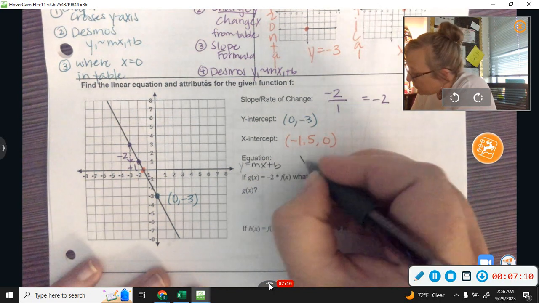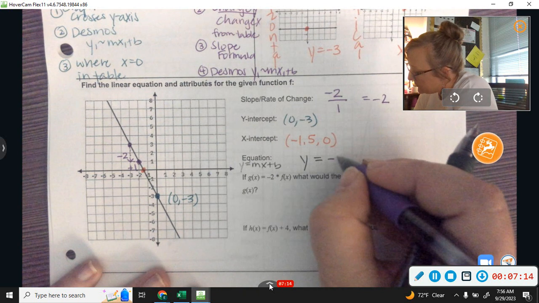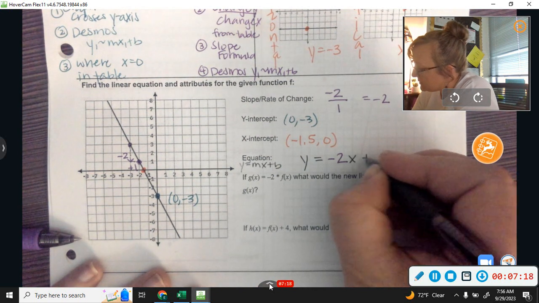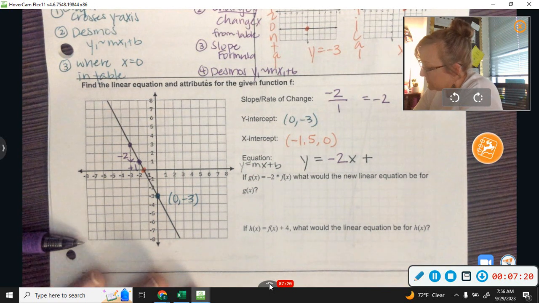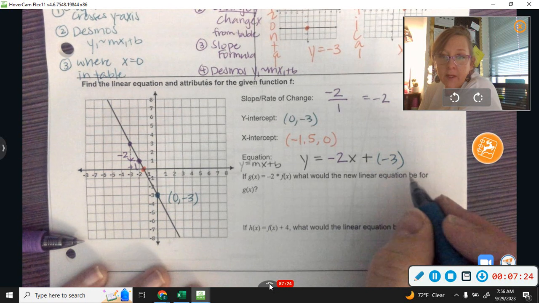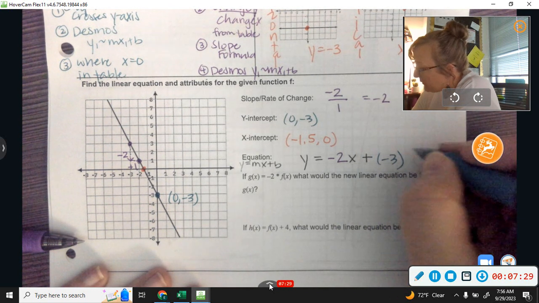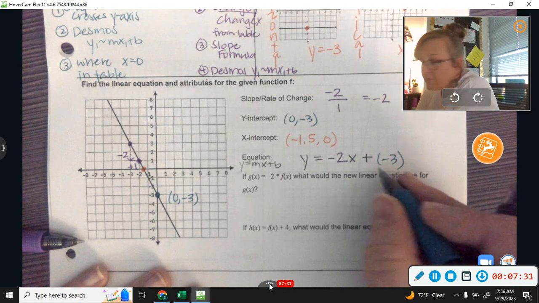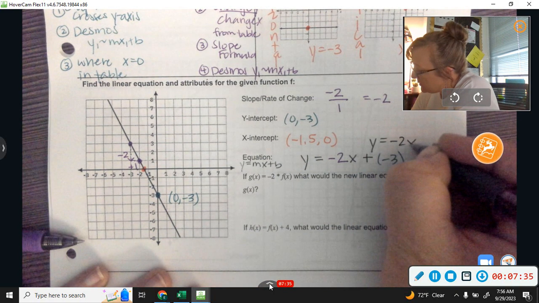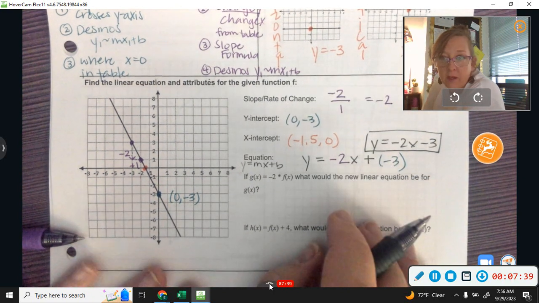So we've got y equals, our m was -2, x plus our b, which was -3. Now I don't have to write it with the plus negative. I could just make this negative, so I would probably just write it as y equals -2x minus 3. But you could have the plus -3, that's the same thing.